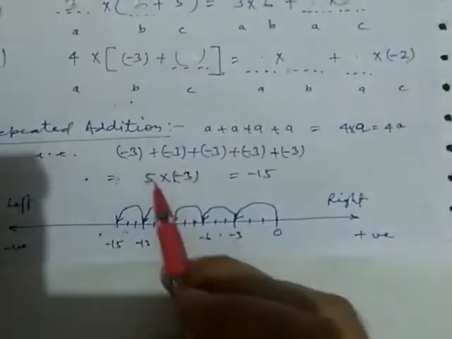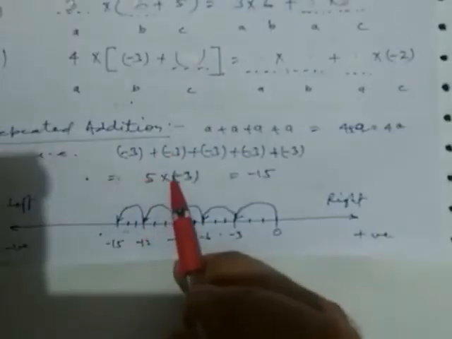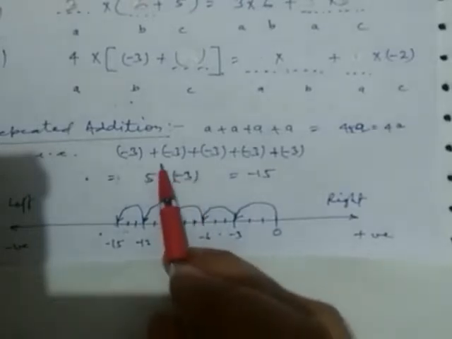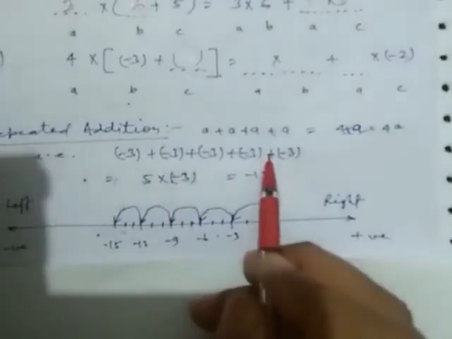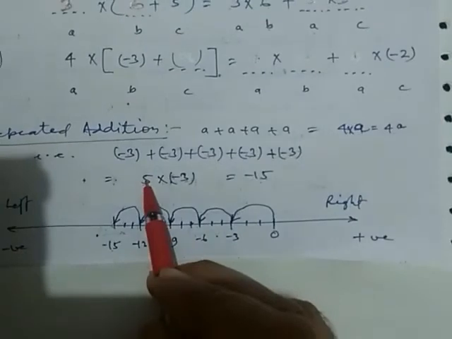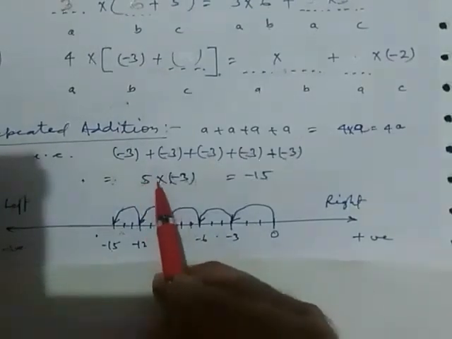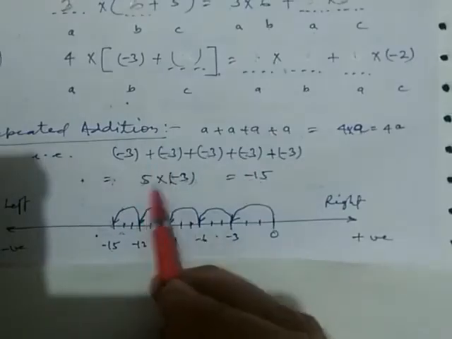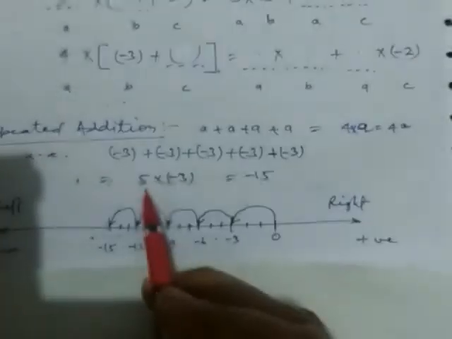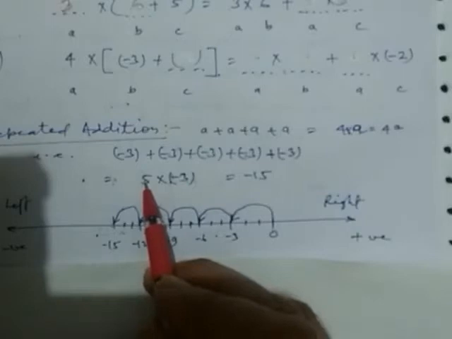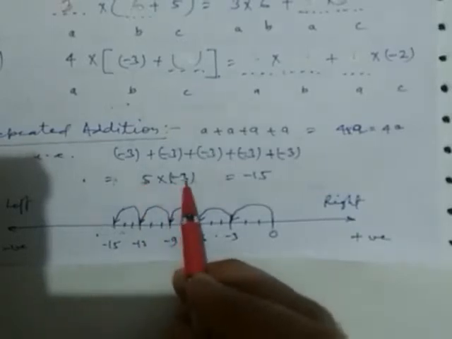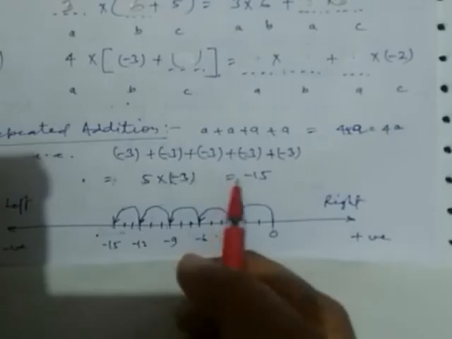So by this way we can directly add these numbers by multiplying them with how many times they are added. Here we added 5 times, so we directly put here 5 and multiply by this minus 3.